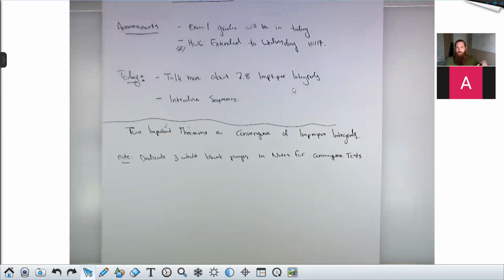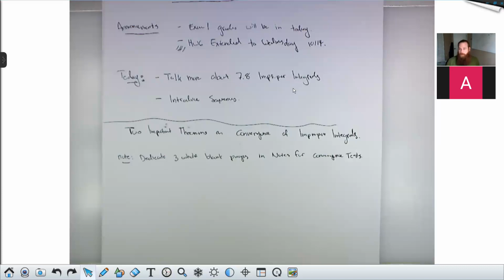And I would take them outside the normal flow of your notes, right? So if you're working in a notebook and you just start a new page every day or whatever, I wouldn't put those 3 pages right here, wherever it is that you are in your notes. I would flip to the back of the notebook and cordon off 3 pages there or something like that.